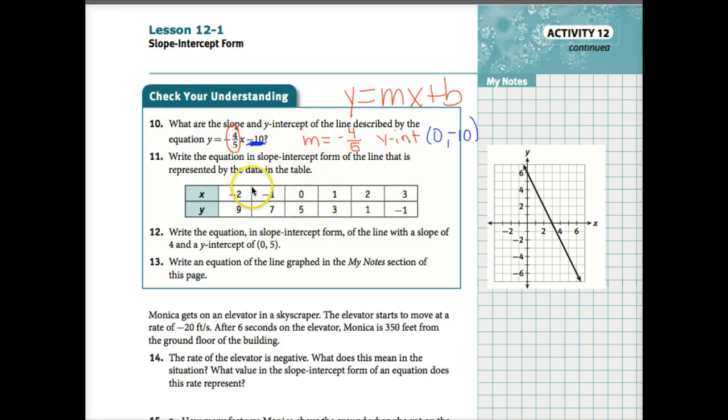Number 11 wants you to write the equation in slope-intercept form of the line represented by this table. So again, this is what we just went through on the previous page, showing how to calculate the slope and the y-intercept from a table. So we need the slope first, which remember is delta y over delta x. So I can choose any 2 points. I'm just going to choose the first set just for convenience.